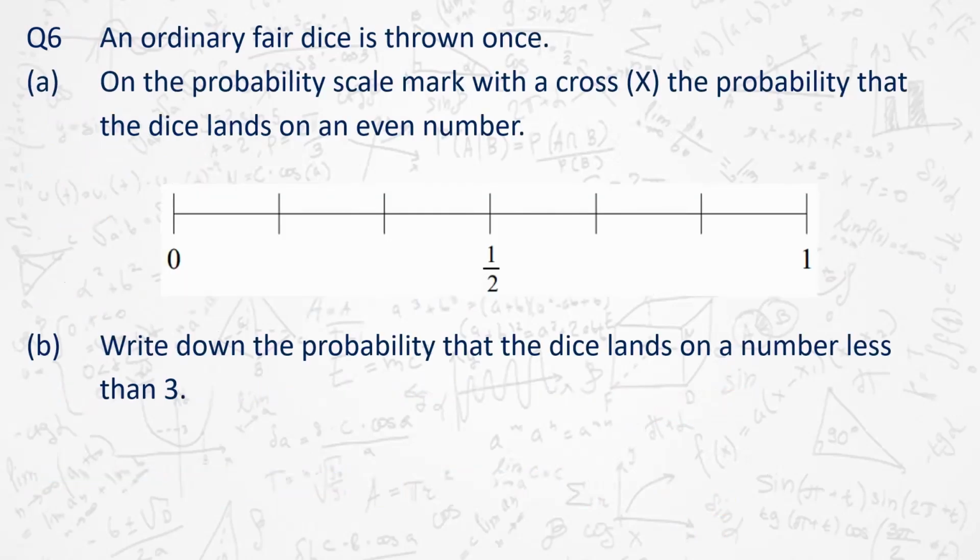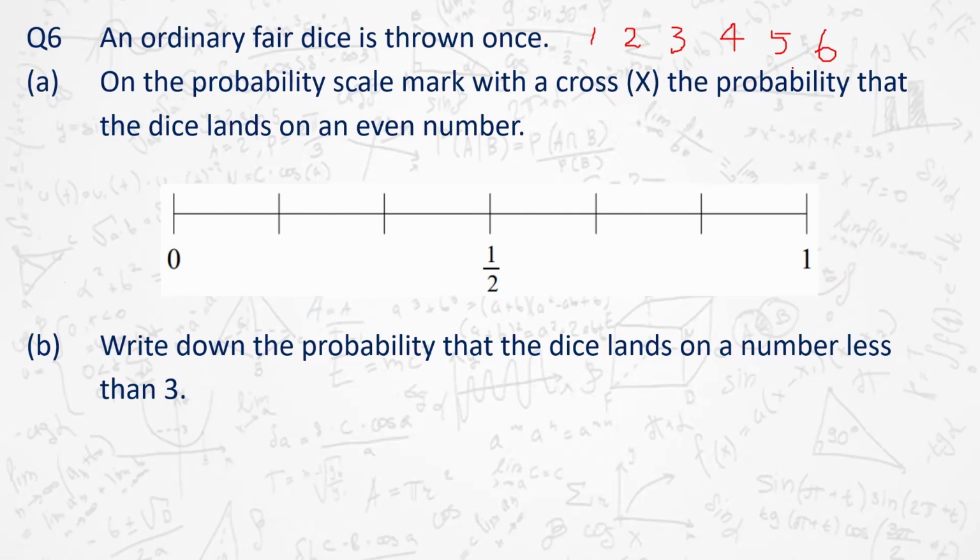Next, we have question 6. An ordinary fair dice is thrown once. On the probability scale, mark with a cross the probability that the dice lands on an even number. So on a dice, the options we have are 1, 2, 3, 4, 5, and 6.